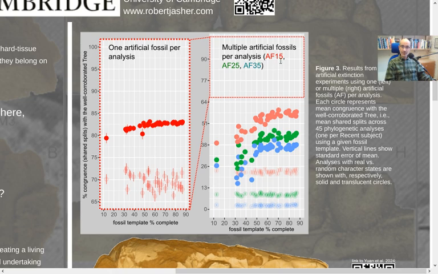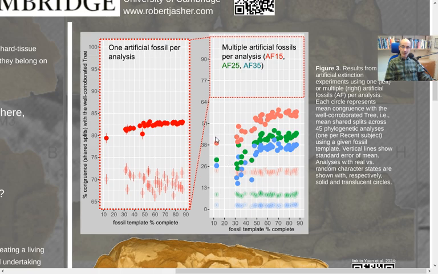I did 15 of those at the same time, then 25, then 35, and this is all color-coded here, right? So the pink salmon color represents 15 artificial fossils per analysis, the green represents 25, and the blue represents 35. Again, solid represents real character states, and these translucent regions represent randomized binary character states.